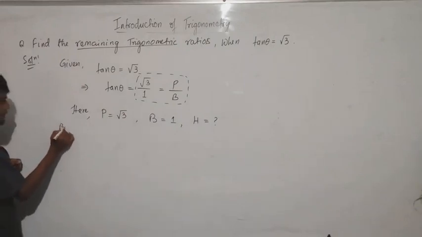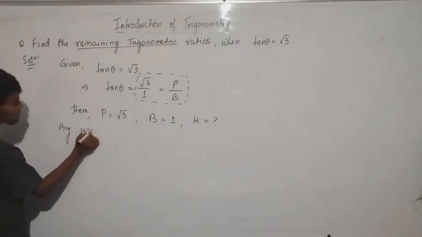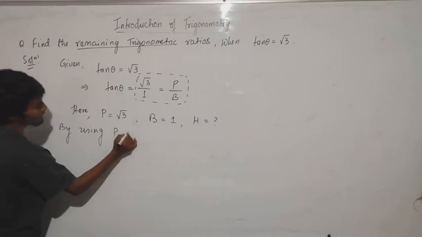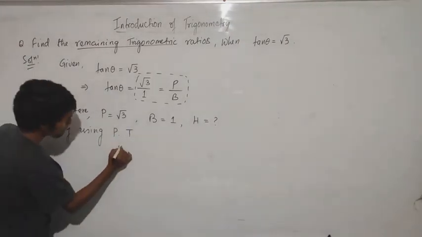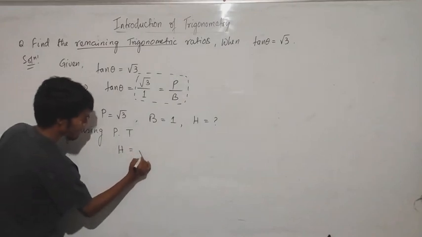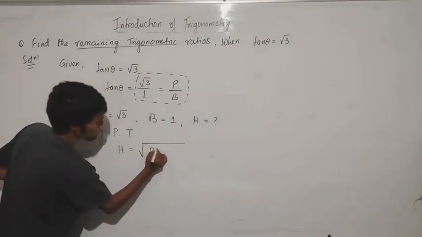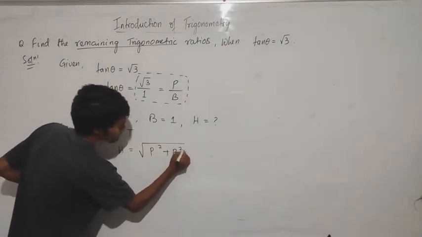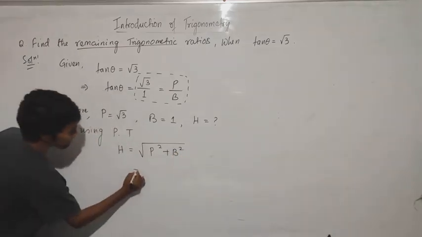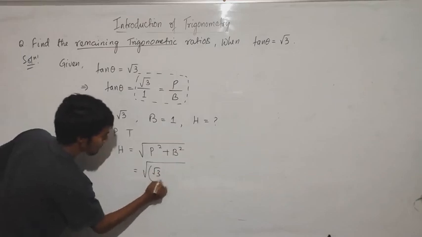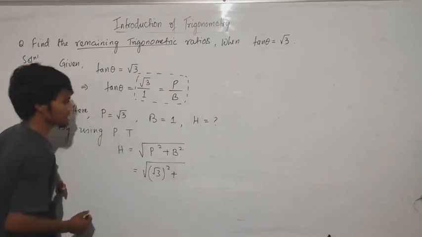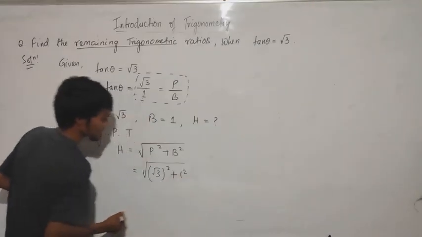Then again, by using Pythagoras theorem or Pythagoras formula, H is equal to root of P square plus B square. P here is root 3, plus B is 1 square.